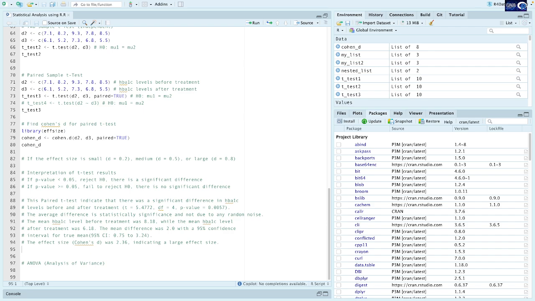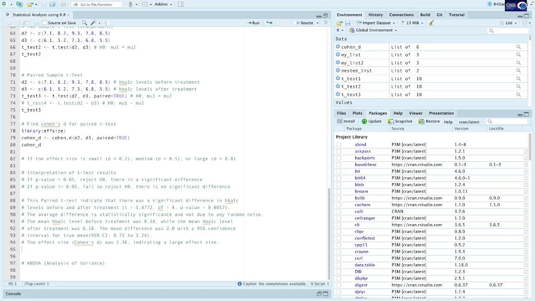So here we are creating a random data set. I'm creating a data frame with some values, 60 random normal values.